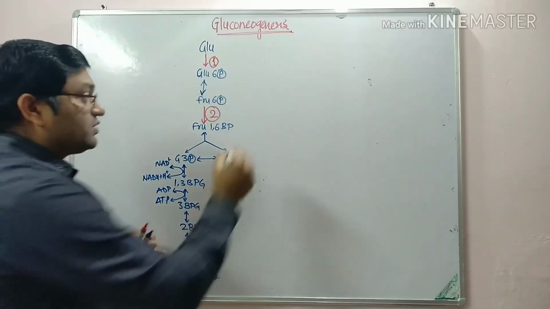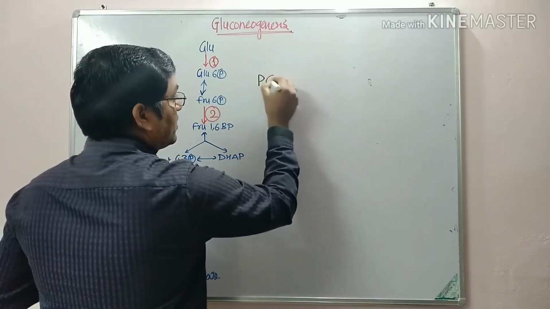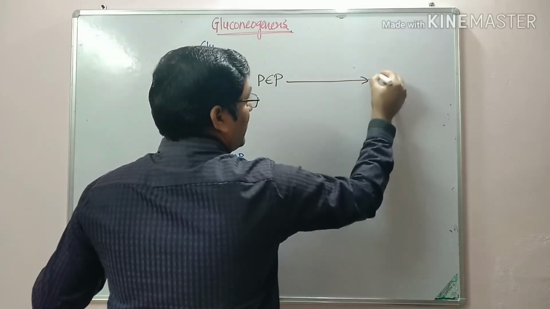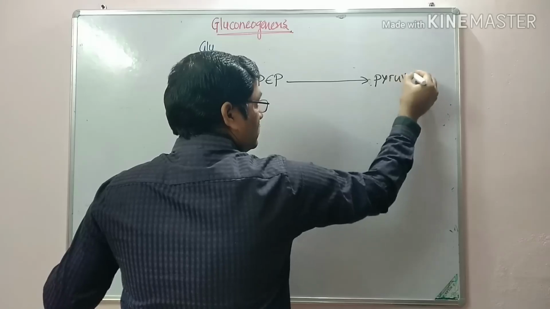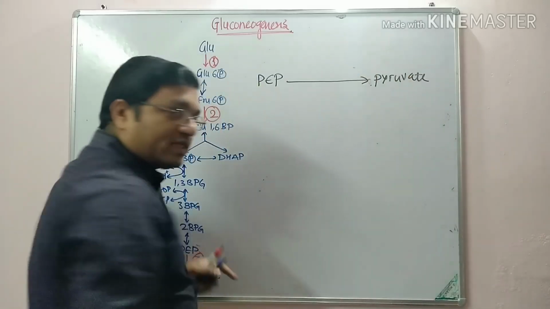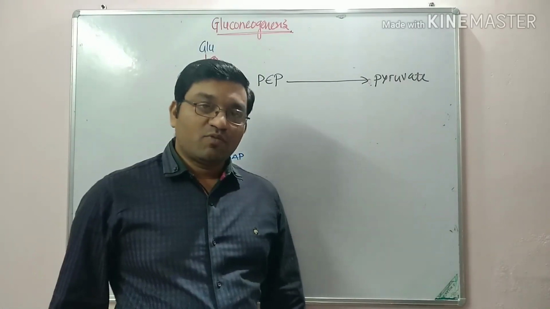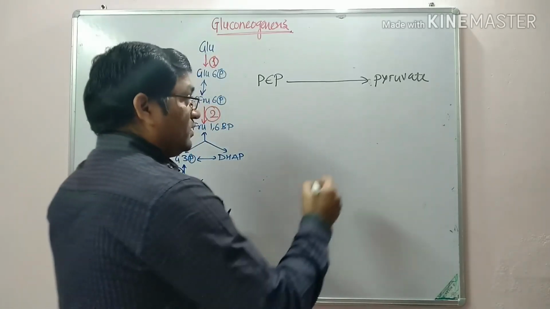This step, that is conversion of phosphoenol pyruvate to pyruvate, is an irreversible step in glycolysis. It is reversed with the help of two important enzymes.